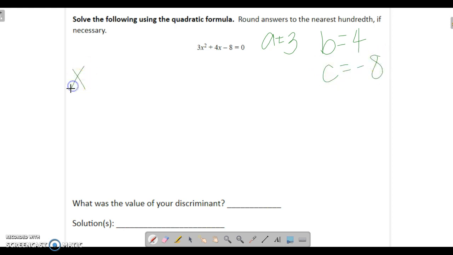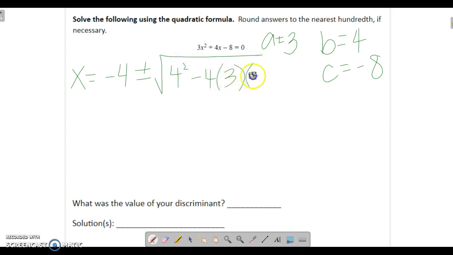So we know that X will equal negative B. So since B is positive 4, it's going to be negative 4 plus or minus the square root of a quantity, and it's B squared. So 4 squared minus 4 times your A value, which is 3, times your C value, which is negative 8. And then all of that gets divided by 2 times A, and our A value again is 3.